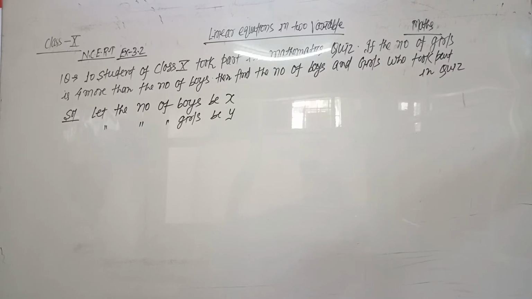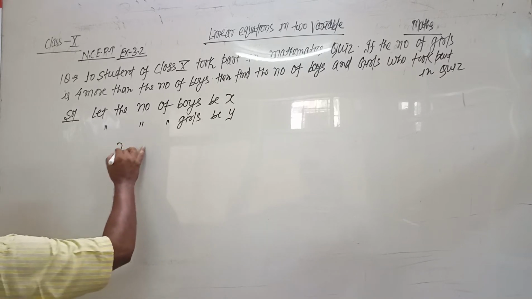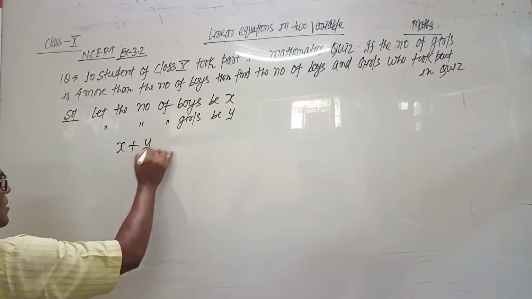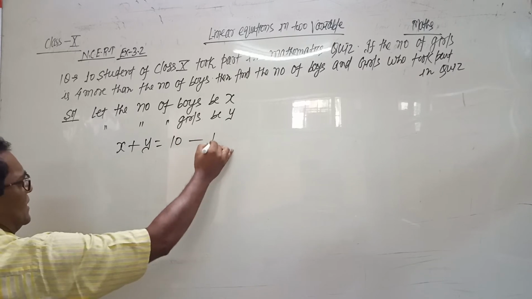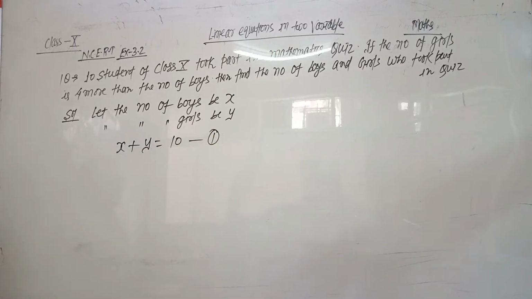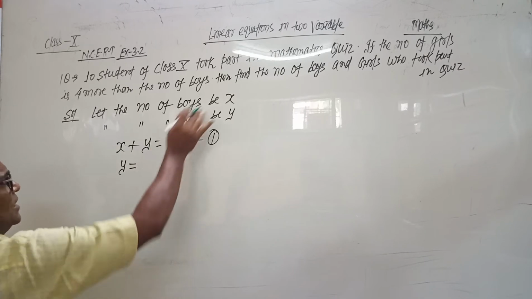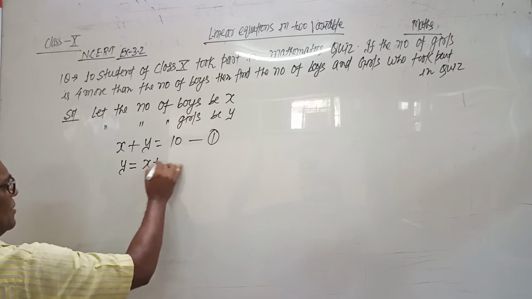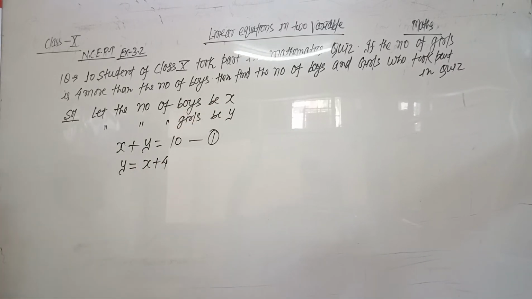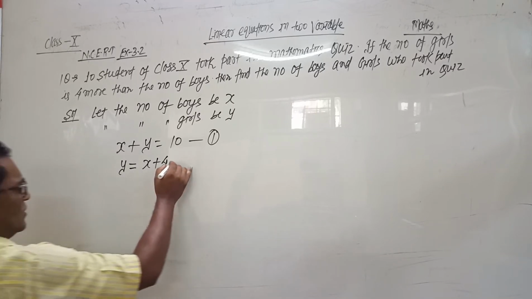Now it is given that there are total 10 students, means number of boys plus number of girls is equals to 10. If the number of girls is 4 more than the number of boys, number of girls means y is 4 more than the number of boys. So number of boys means x and 4 more than means plus 4.